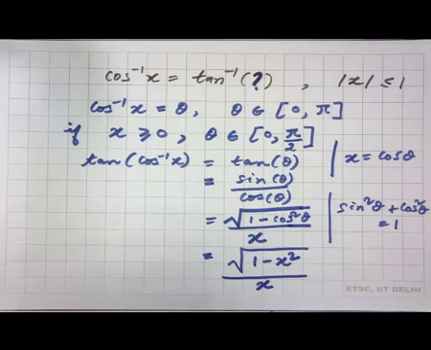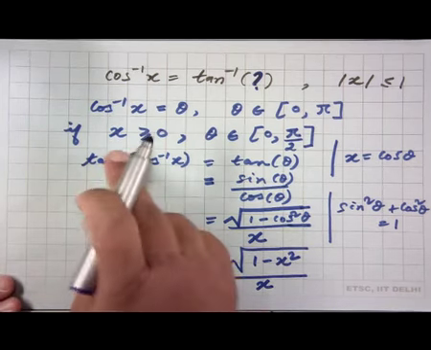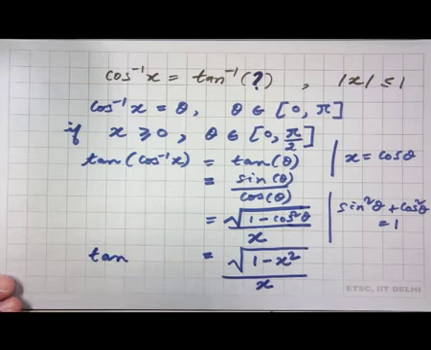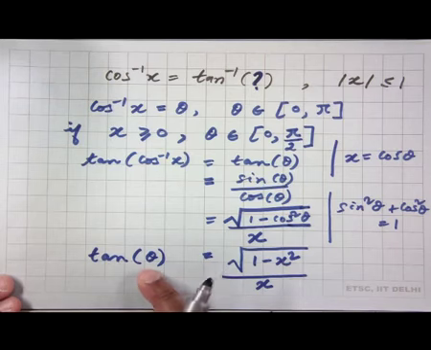And finally what we get is that if x is greater than or equal to 0, then tan of theta, where theta is cos inverse x, is equal to square root of 1 minus x square over x.